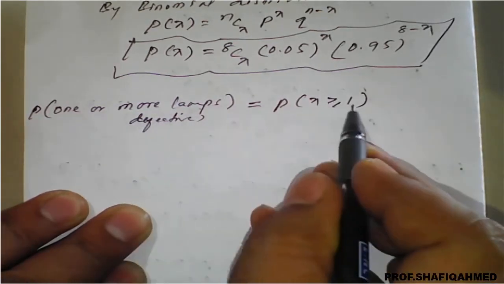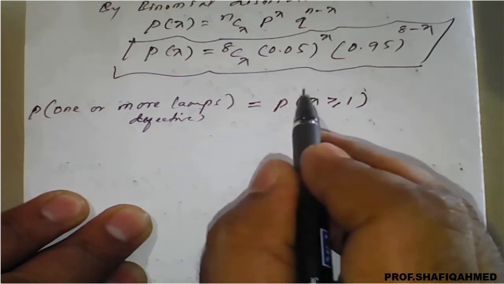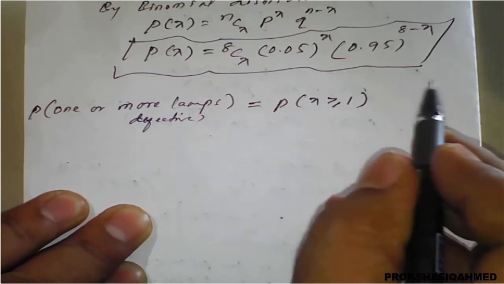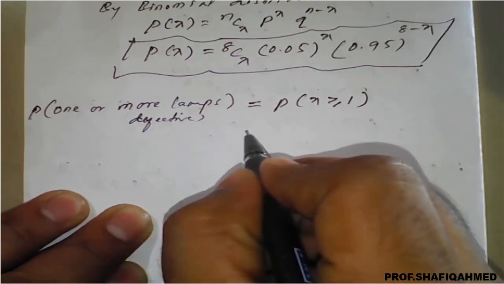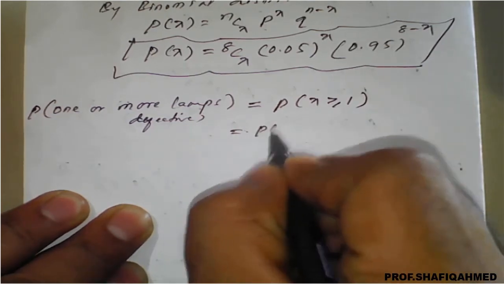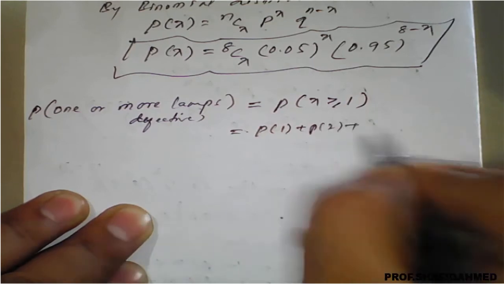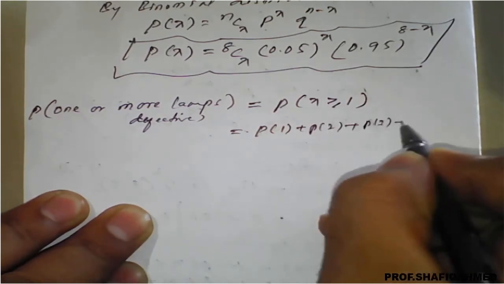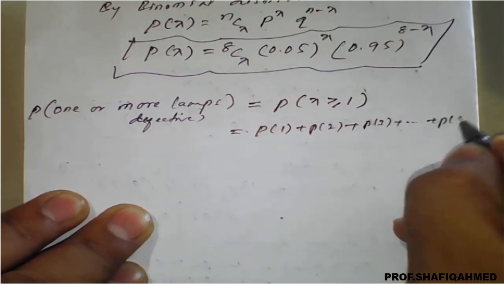One or more means, but we know that x will start from 0, 1, 2, 3, 4, 5, 6, 7, 8. So one or more means you can write P of 1 plus P of 2 plus P of 3, you have to carry on till plus P of 8.